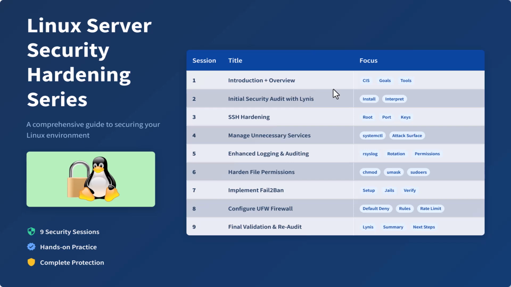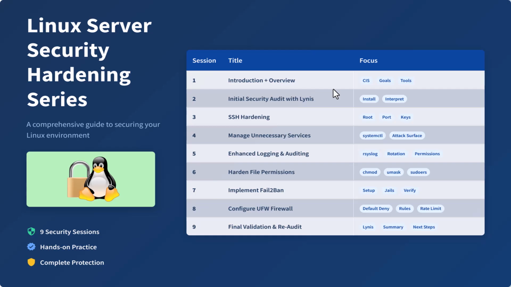Restricting access, so that only automation and admin users should connect. Key-based authentication, as you know, no passwords, use encrypted vaults. Service hygiene, and as you know, disable every daemon you don't need.